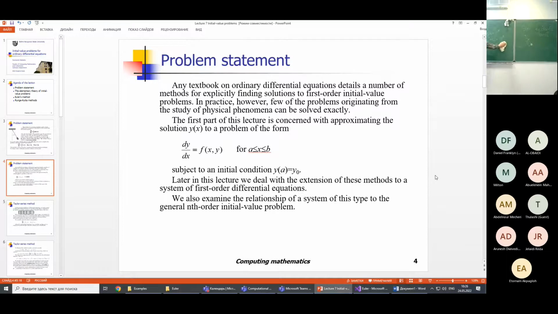We know the initial point a, and we know the initial value y of a. Maybe later, if we have time, we will extend these methods to systems of first order differential equations, and also consider the relationship of such systems to general higher order initial value problems.